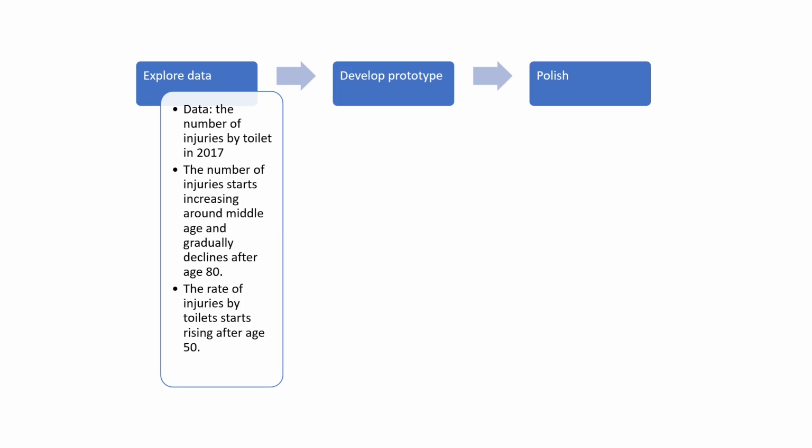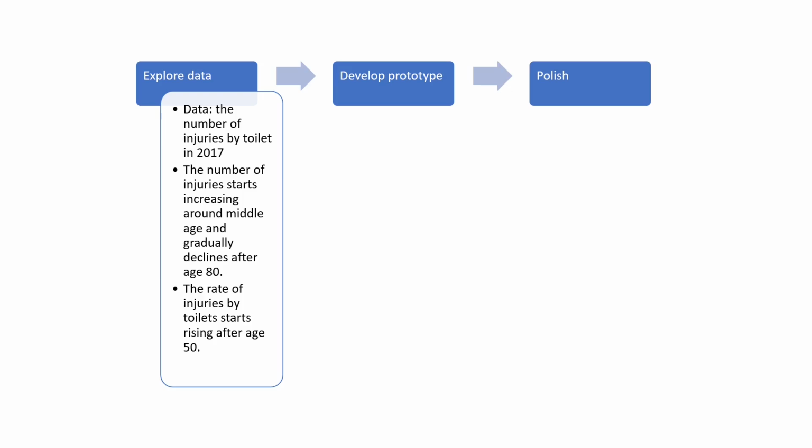So the reason that the count of injuries starts declining after the age of 80 is just because we don't have as many people. The count is declining, not necessarily because older people are more careful, less prone to injuries. It's just that we don't have as many people.